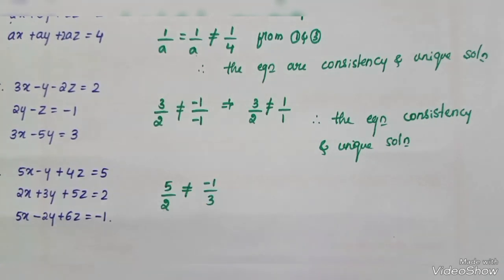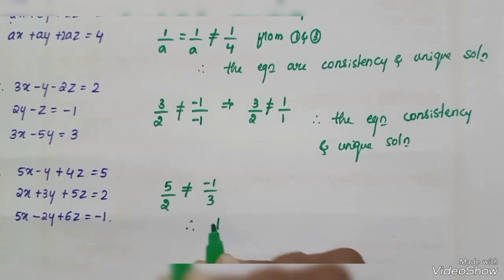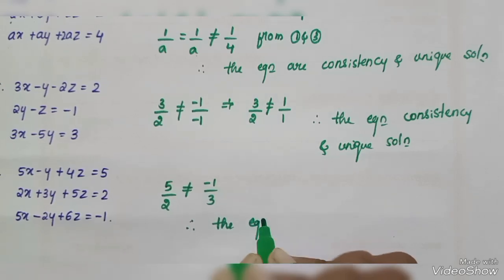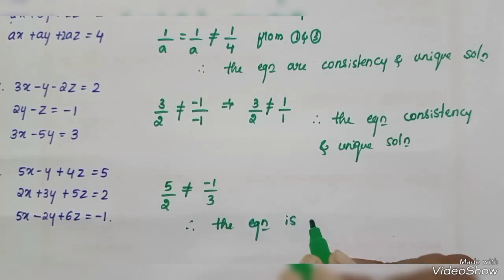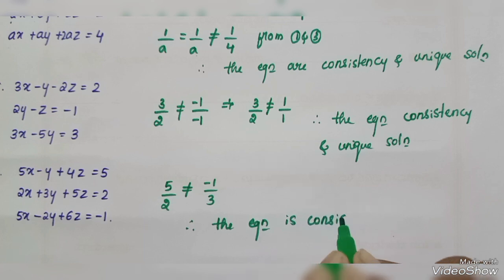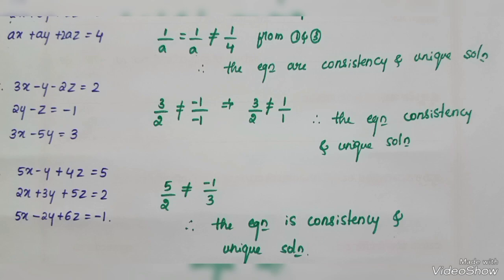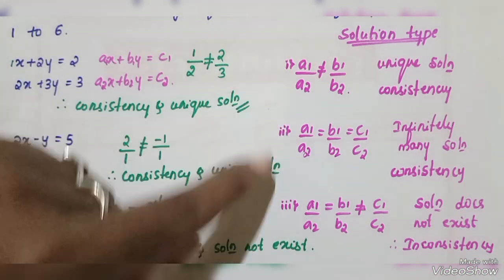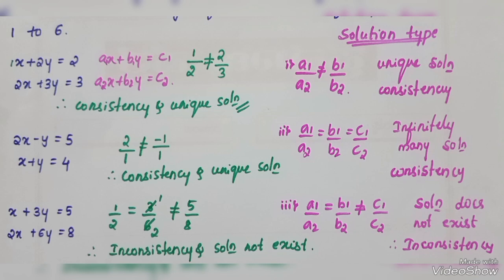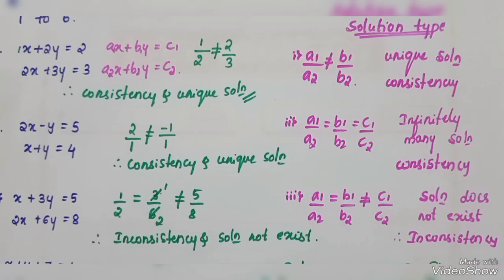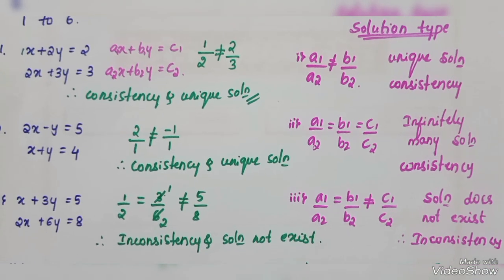Therefore the equation is consistent and has a unique solution. Okay, you just have to know the concept of solution type, and basically the 3 conditions have to be remembered. Sometimes this question may ask for 2 marks.